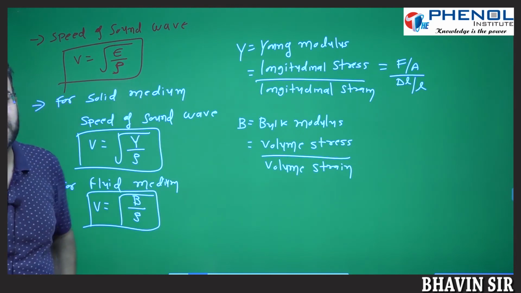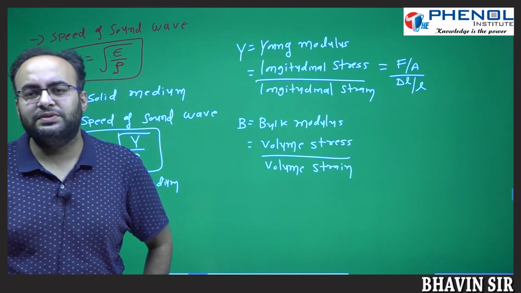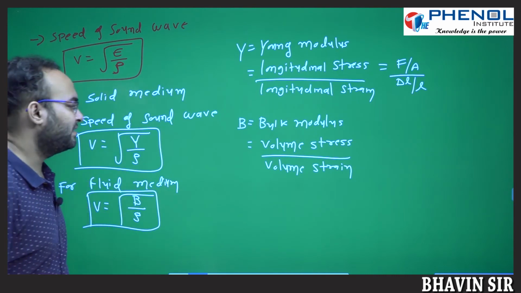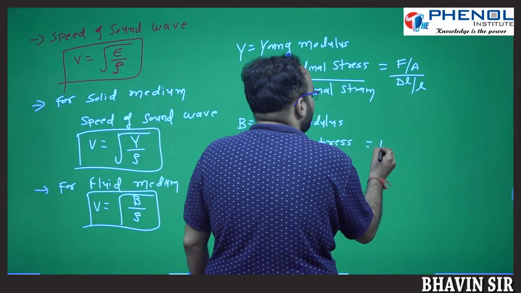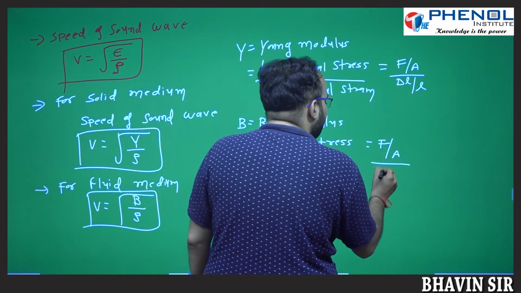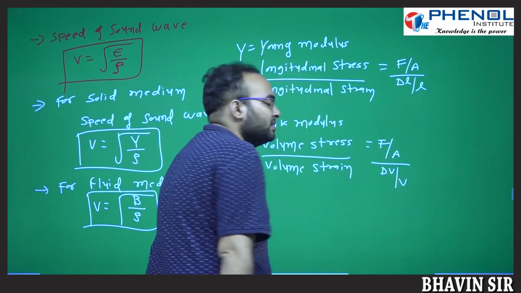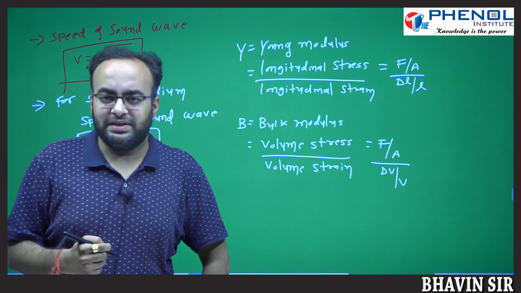So what is the meaning of volume stress, students? Again, it is force by area, and volume strain means delta V by V. But students, in which case is volume changed?